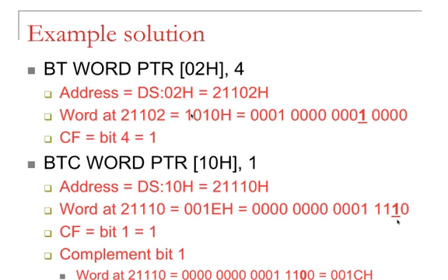We're going to save the value of that bit into the carry flag, and we'll complement that bit. So this bit will have a 0 after the instruction is completed. That means the memory content at that address will be updated.